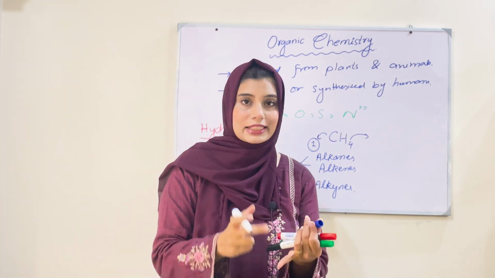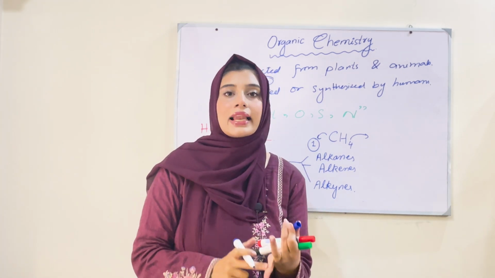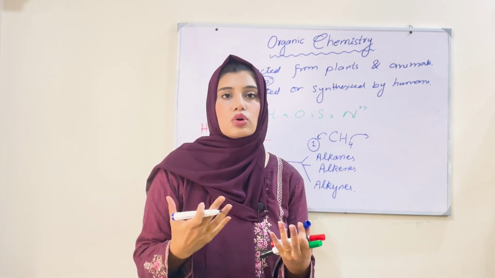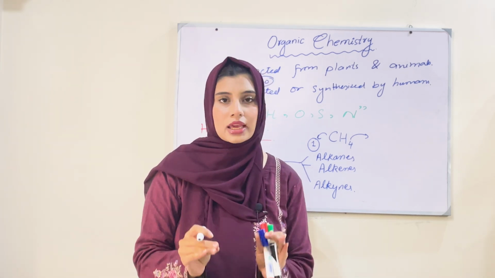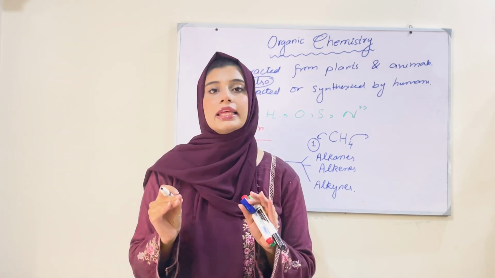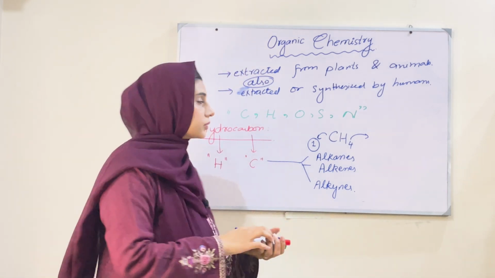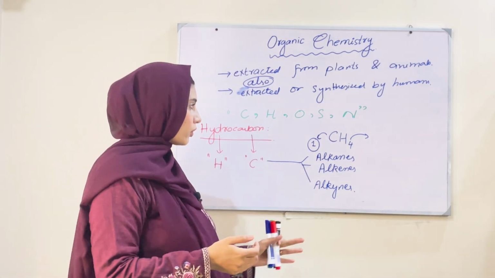All alkanes, all alkenes, and all alkynes are known as hydrocarbons because they consist only of carbon and hydrogen and have covalent bonding in them. Clear? So, an overview of this.